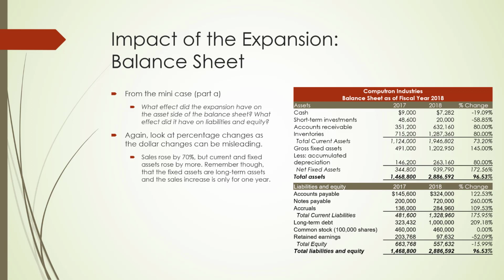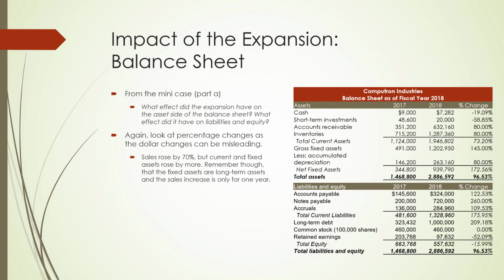Now, what effect did the expansion have on liabilities and equity? Well, remember the balance sheet must balance. So total liabilities and equity went up by 96.53%, exactly like total assets did. And if we look at the percentage changes, we can start to get an idea of how the firm paid for this expansion.